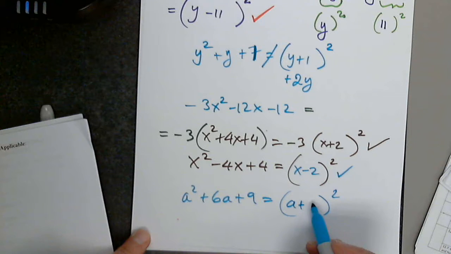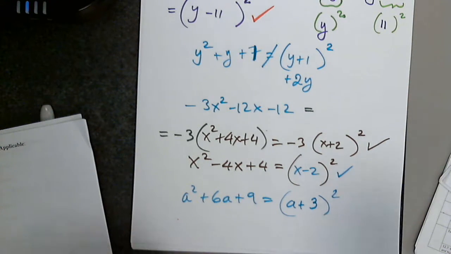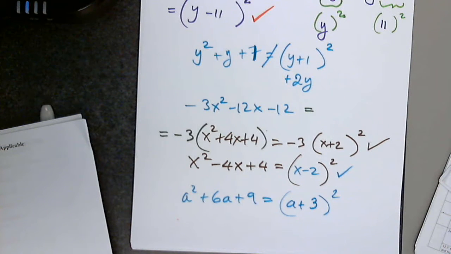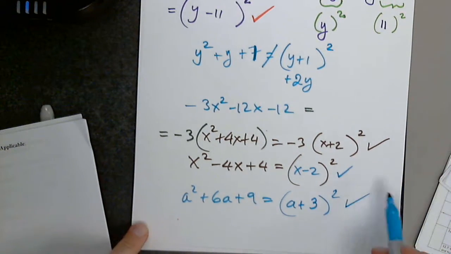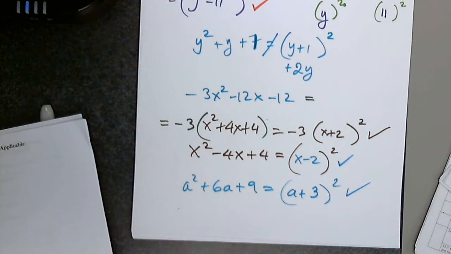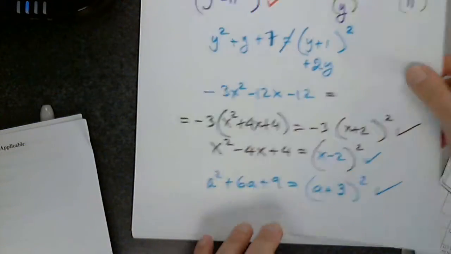A plus, 3. Good. Now I check the middle term. So a plus 3 everything squared will have a middle term of 6a, yes, because it's 2 times a times 3, which is 6a, so this must be it. Very good. So now we move away from the special products.